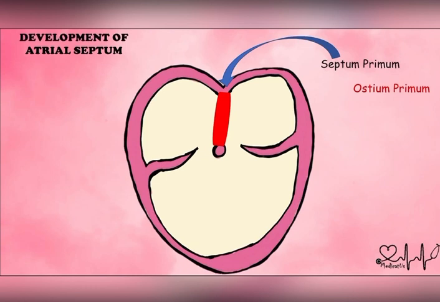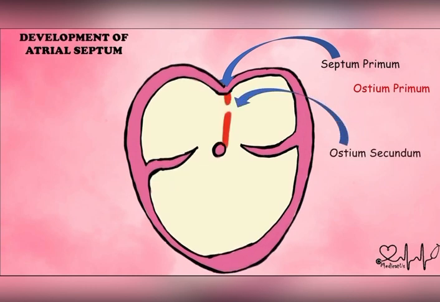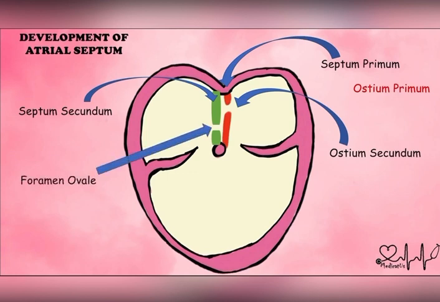Meanwhile, there is a second opening formed called ostium secundum. And beside this septum primum, another septum grows called septum secundum, leaving a hole called foramen ovale.